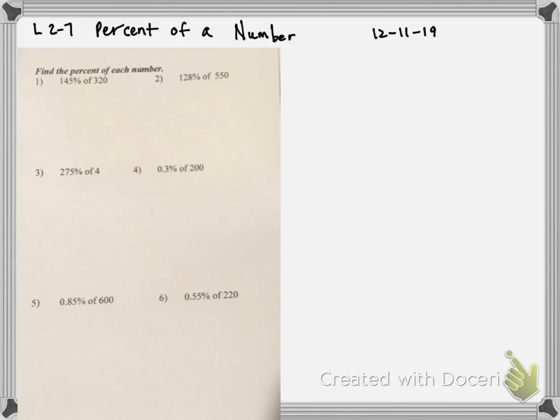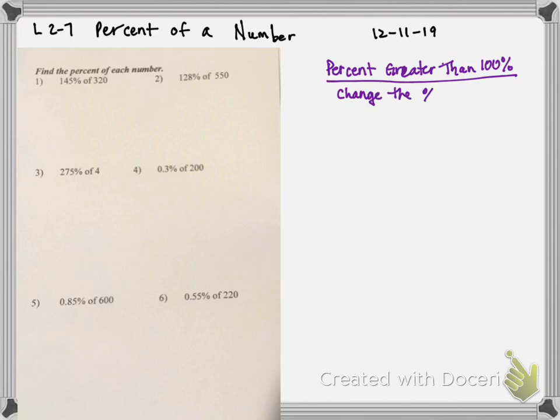I think that when we have a percent greater than 100%, and this is just my opinion, when I have a percent greater than 100%, I like to change the percent to a fraction, okay?